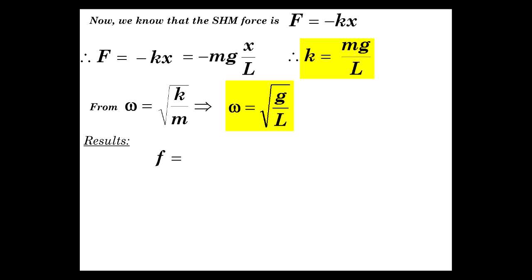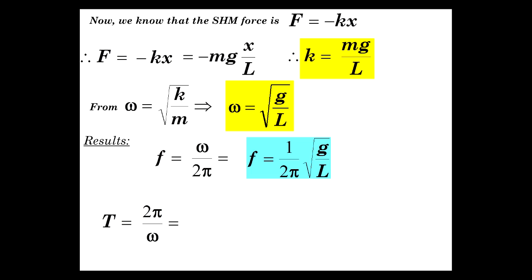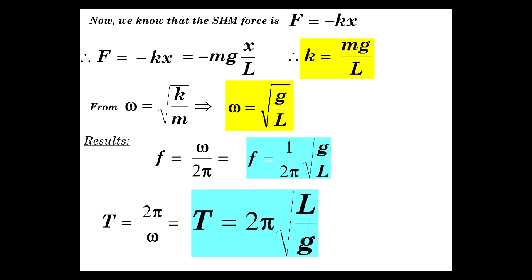Now we can write frequency, which is omega over 2 pi, and we have our omega, so divide it by 2 pi, and period is 1 over that, 2 pi over omega. 2 pi square root of L over g. You've seen this before, and now we just derived it. But you recognize that this is an approximation. There were some simplifying assumptions that went into it.